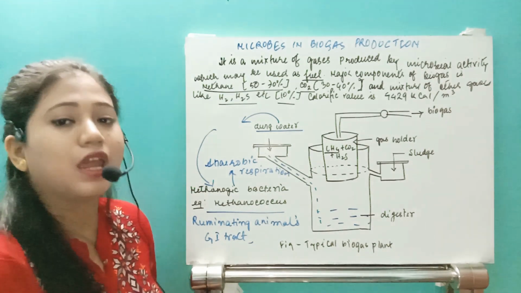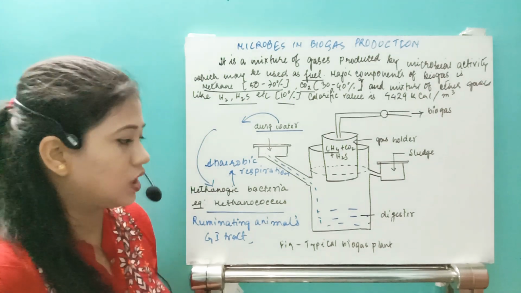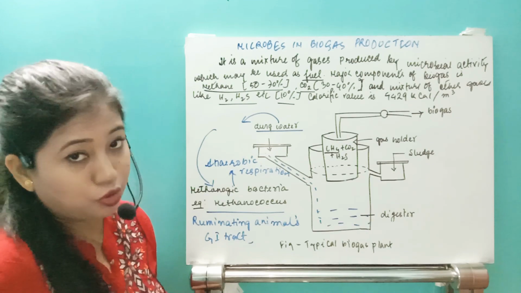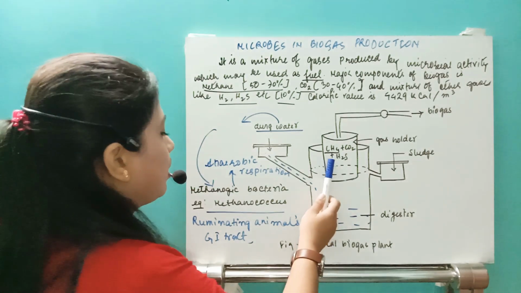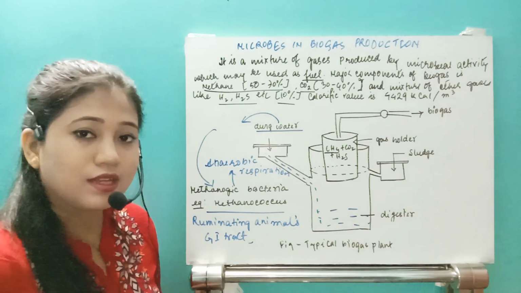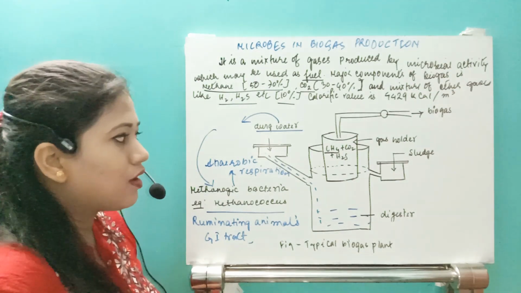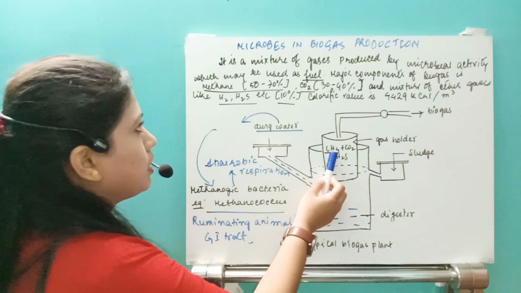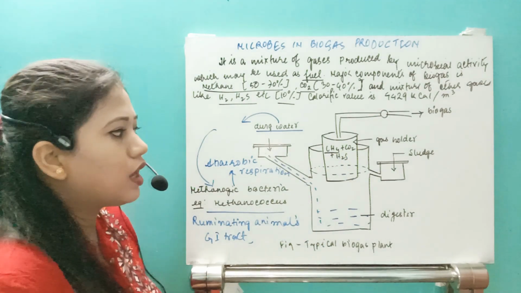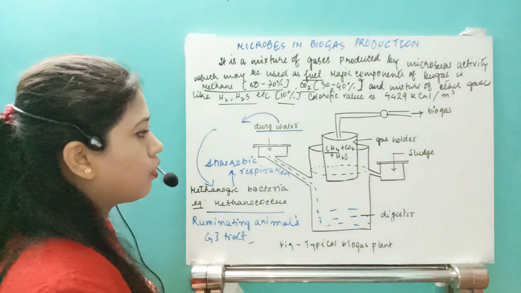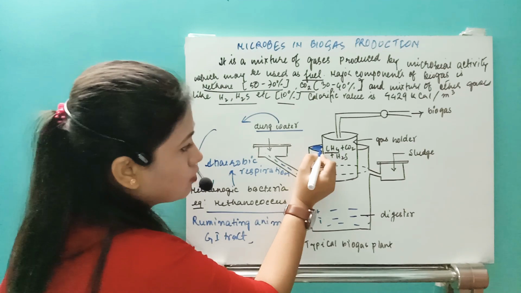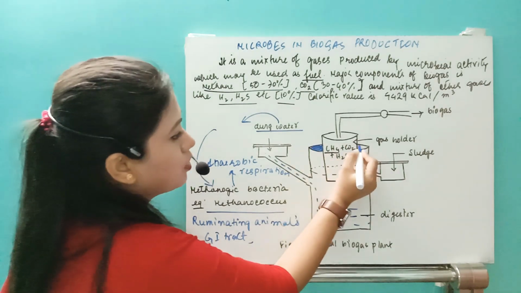Whenever it undergoes digestion, some products are produced. What are they? Methane, carbon dioxide, hydrogen sulfide, etc. As it produces these gases, we put a cover on top.